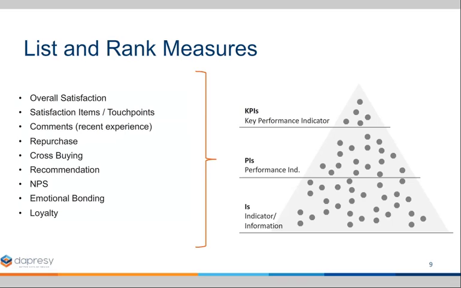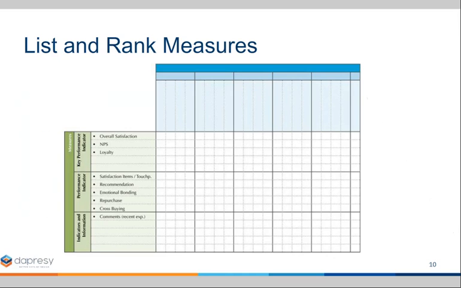Normally it's just a handful of KPIs, so between 5 and maybe 15 max, and it's more strategical, as said. And the performance indicators are more the operational information, and so it's also the indicators and information which is the most operational information.